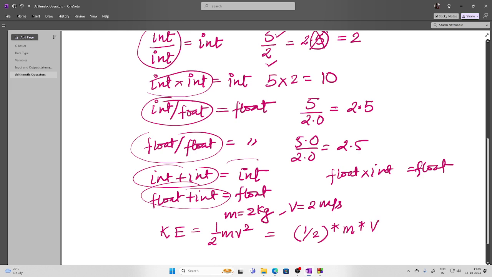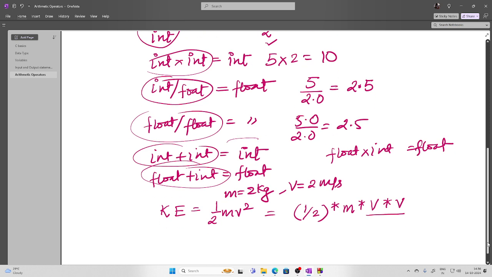So now what I'll do is v times v. Okay, v square. I have not told you about the power function, so we'll be using this. So what will happen? In mathematics this is valid, but in programming this will return you 0, because integer by integer will always be an integer, and 1 by 2 is 0.5, so after the decimal it will be truncated. So you will only get 0. The output will be 0.